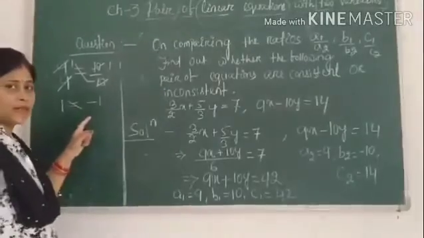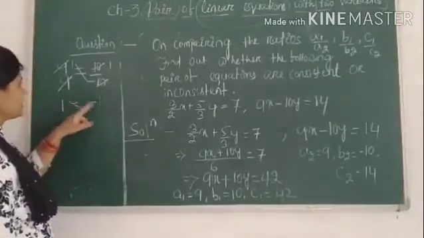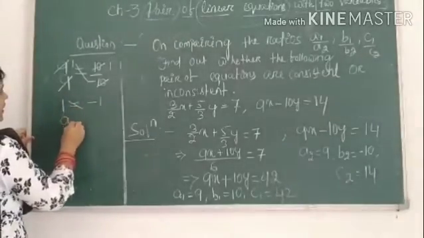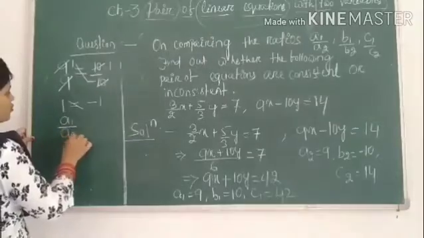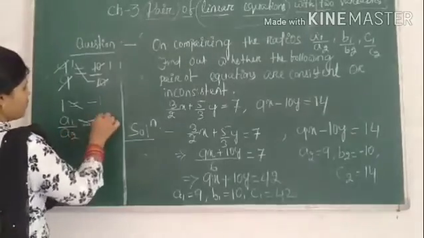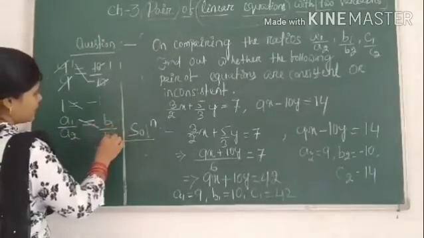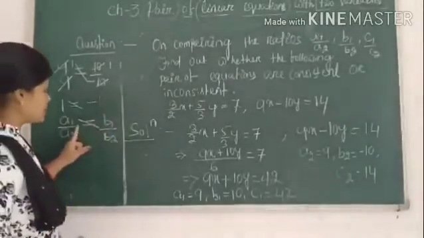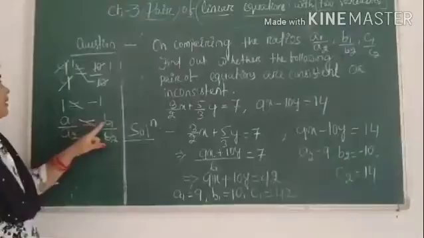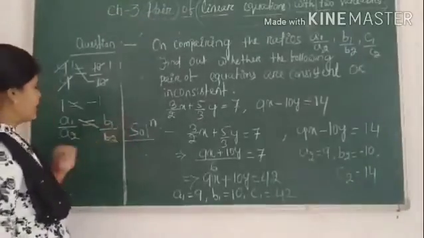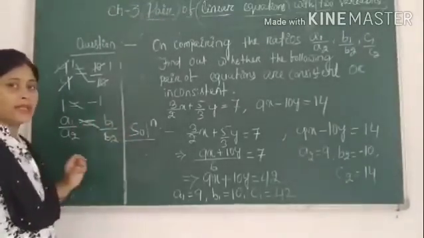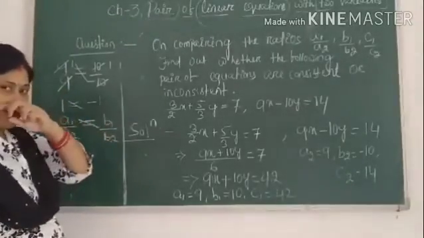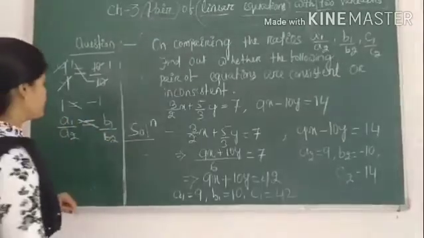Which condition will satisfy? Means here I can write A1 by A2 should not be equal to B1 by B2. Means this is intersecting lines. Intersecting line means, I already told you, exactly one solution is possible.